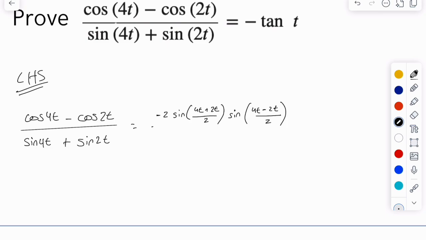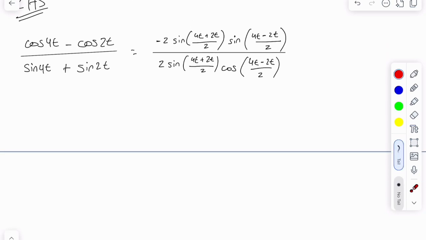And that's going to be over 2 sine of (4t plus 2t) over 2 times cos of (4t minus 2t) over 2. Okay, brilliant.